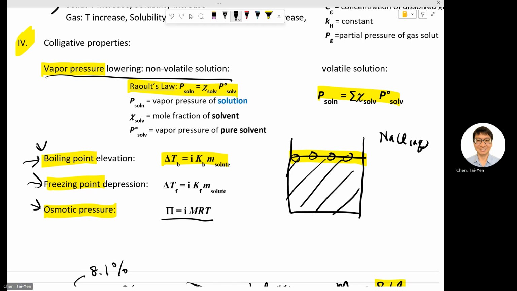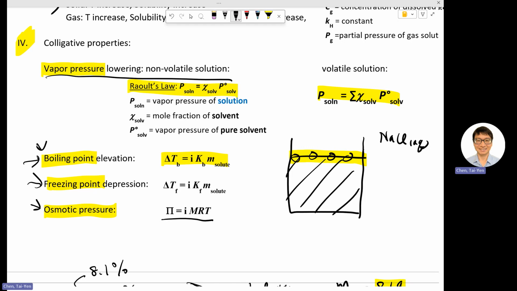Similarly, your freezing point is going to decrease. The concept you should have is that in order to make your solution freeze, your solvent molecules need to start aligning in a periodic way to form the ice. If you have too many solutes inside, it's going to break that periodicity.